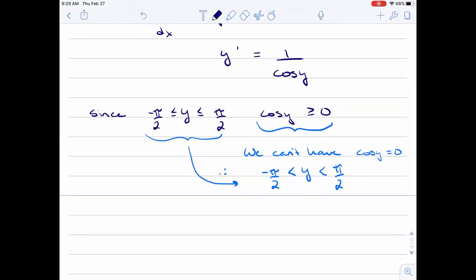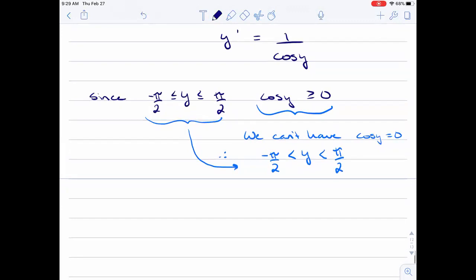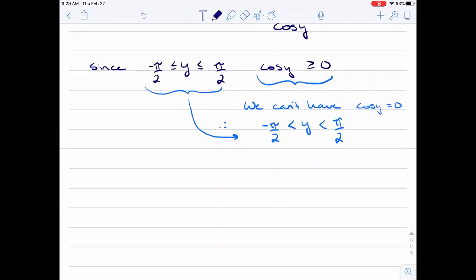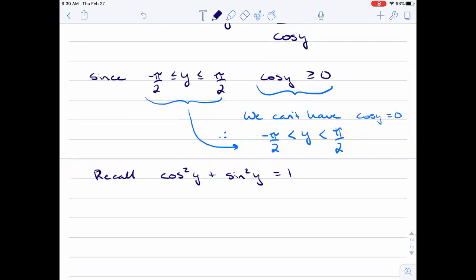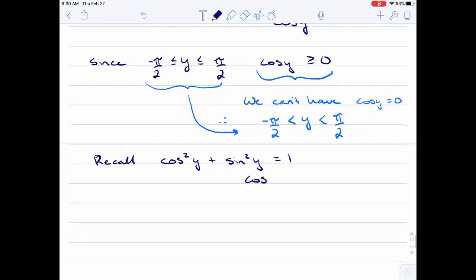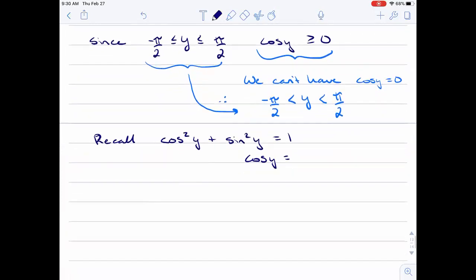Okay, cos y. If we recall that cos squared y plus sine squared y equals 1, then solving for cos, we get cos y must be the square root of 1 minus sine squared y.